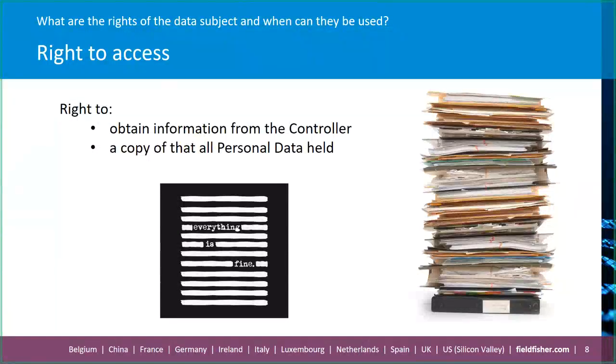There are rules on data transfers, which we'll be discussing in part 6 of module 1. The controller will also have to tell you the storage period, about any other rights you may have regarding that data, and the source of the data if it wasn't you.